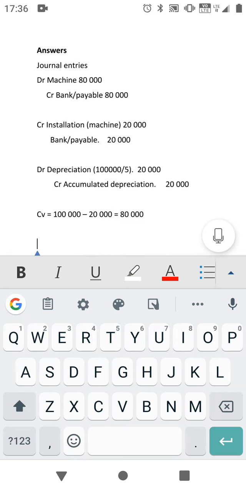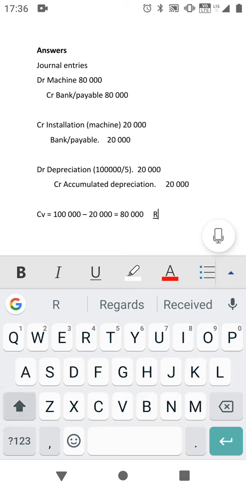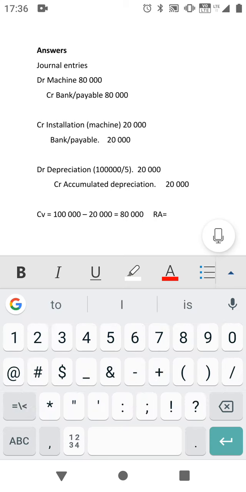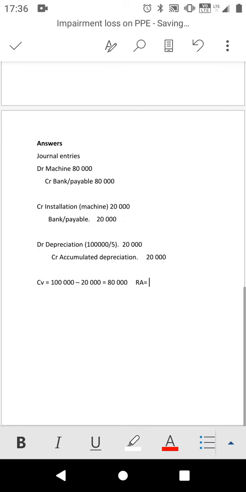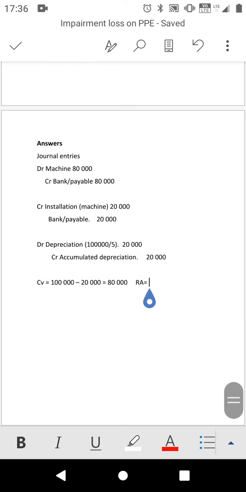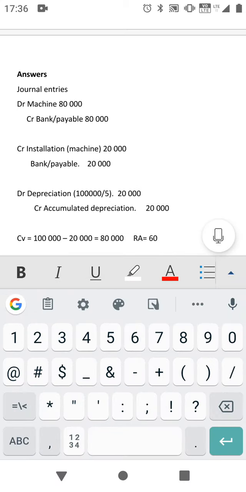Okay, then now because we have current value, we also have to pick recoverable amount. Remember, recoverable amount we have to take the higher one between fair value and value in use, which we find that between 50,000 and 60,000 the higher one is 60,000. Okay, we are going to recover 60,000 in this machine.